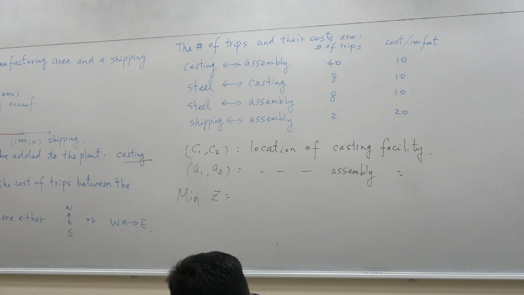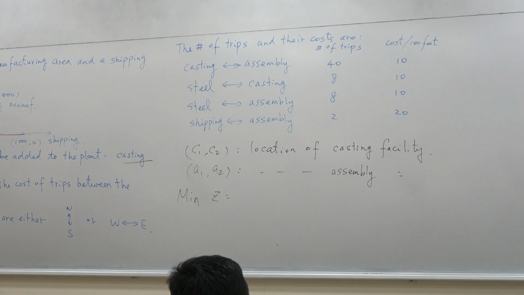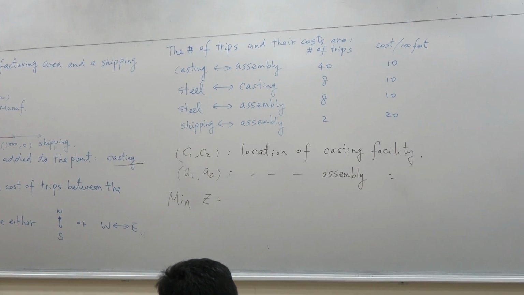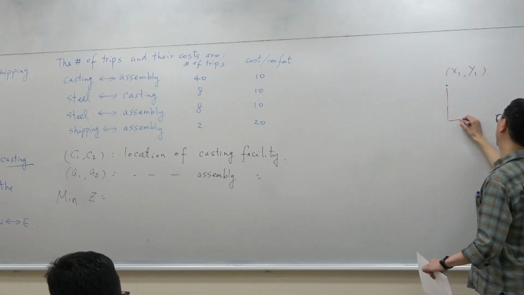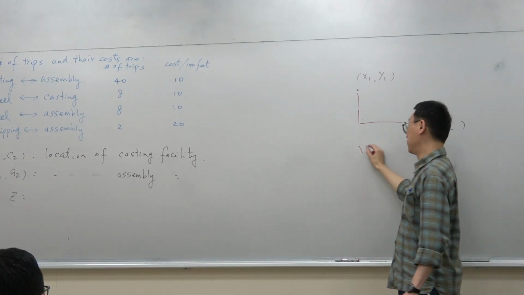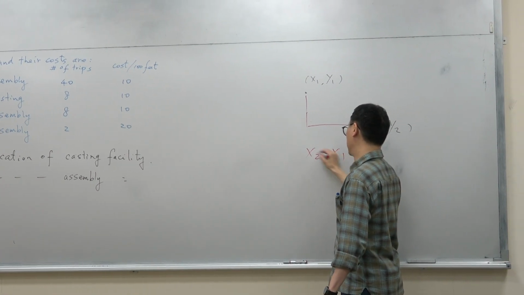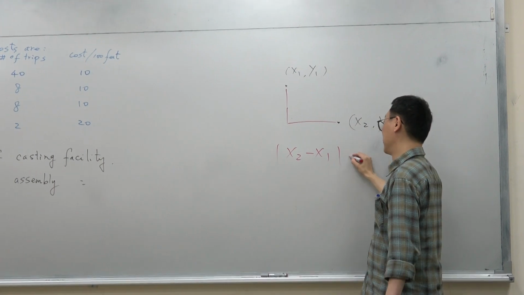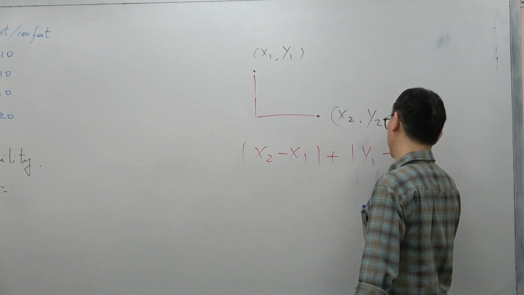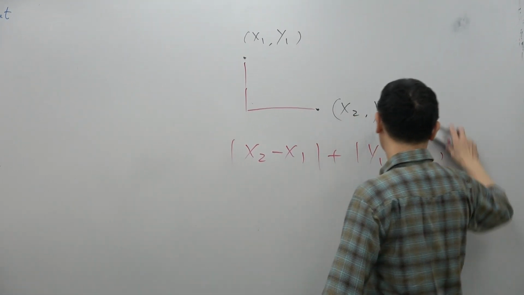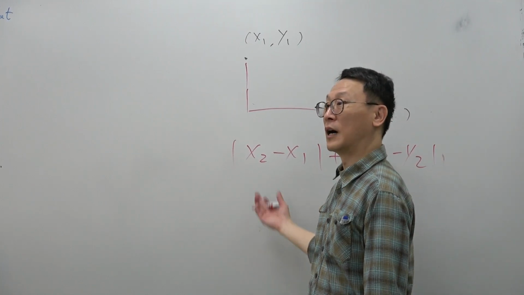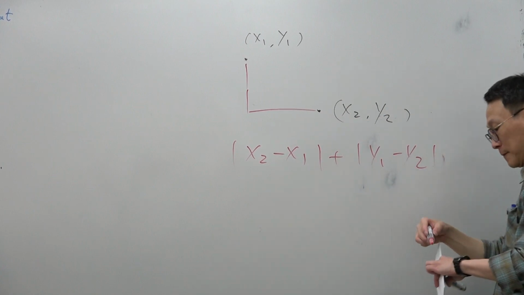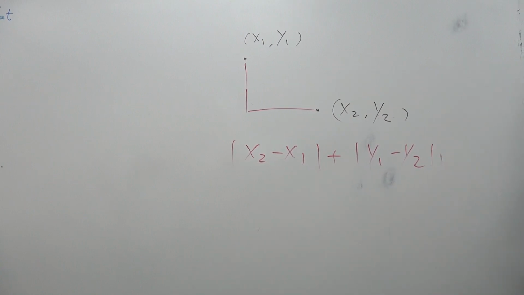Suppose this is x1, y1, and this is x2, y2. How can I calculate the distance? The absolute value of x2 minus x1, plus the absolute value of y2 minus y1. We don't know which one is larger, so we put the absolute value.